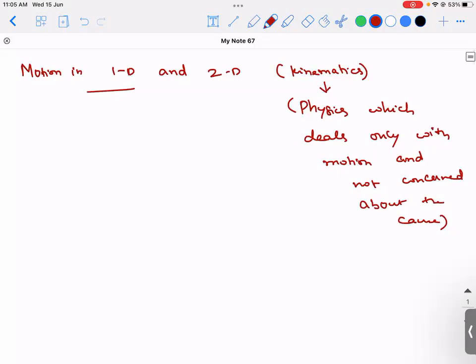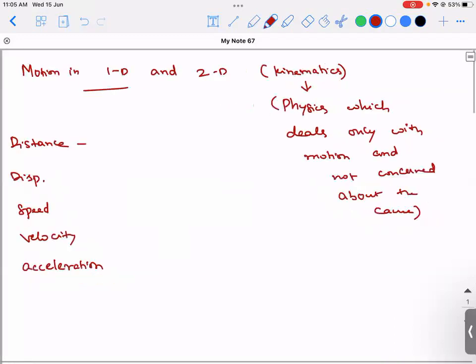Okay. So when you talk about motion in 1 dimension and 2 dimension, you have certain terms to be known. The first one is distance, displacement, speed, velocity, and acceleration. These are not new terms to you. Distance is the total path length.